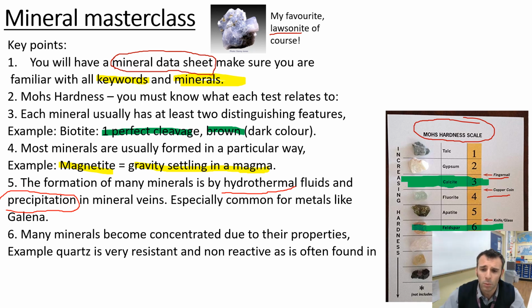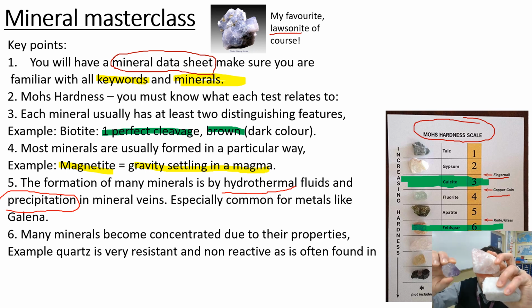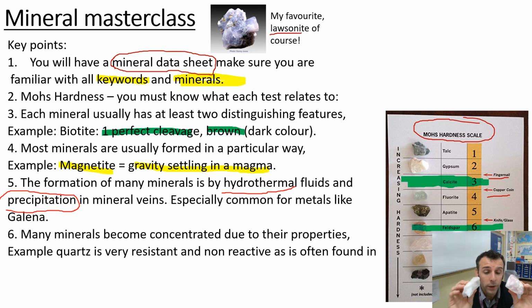And while I'm on the subject of quartz, these are all quartz. Yeah, you can clearly see that they are distinctly different. They have different colours, so you cannot use colour as just a diagnostic property. But we can use acid on here. I haven't brought some over, but we could put some acid on that, and that will not react.